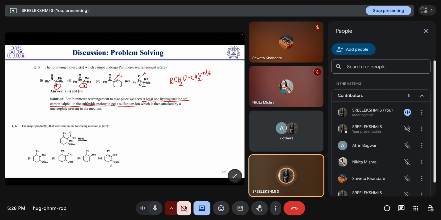As we can see, all are olefins, so elimination is taking place, but which elimination will be more favored and which will be the product? Any idea?